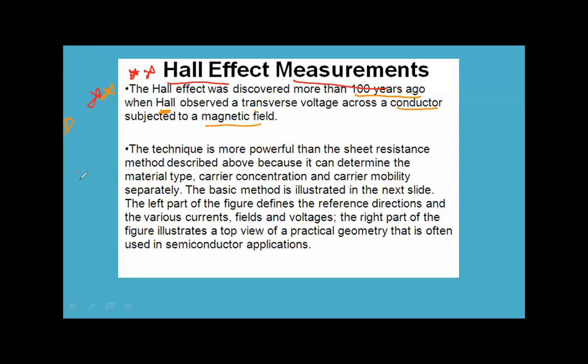So what we do is, you keep the sample in a magnetic field, you change the magnetic field, and you measure the Hall coefficient. And you observe that transverse voltage.